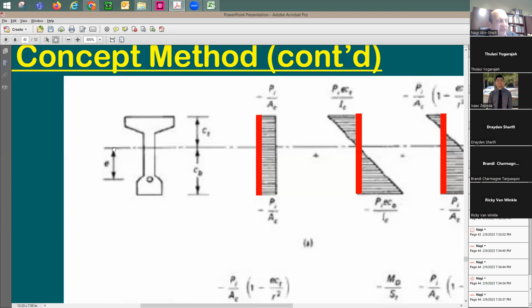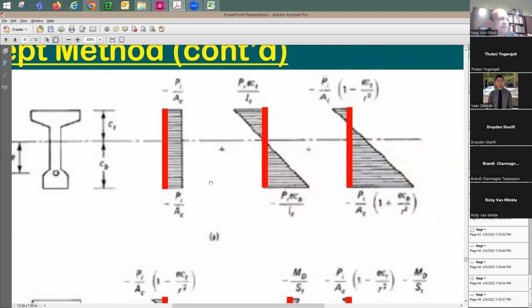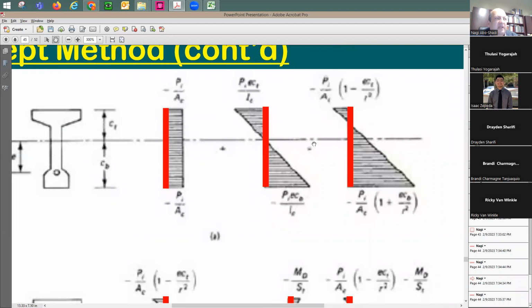Because of the eccentricity that you're looking at here, I'm going to have also some distribution. Of course, at the bottom it is going to be compression, and the top is going to be tension. So the first term here is just for the axial force. The second distribution, this is why it says plus, is because of the eccentricity. And both of them are going to give me a total distribution like this. At the bottom, I'm going to have lots of compression.